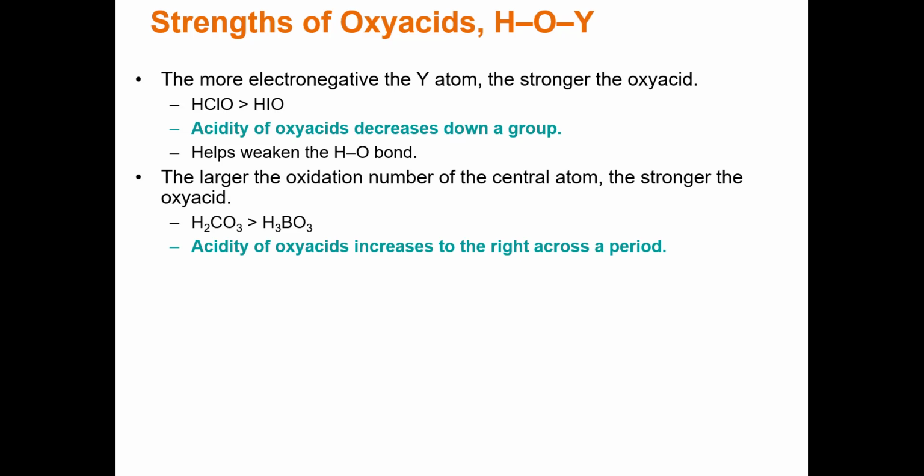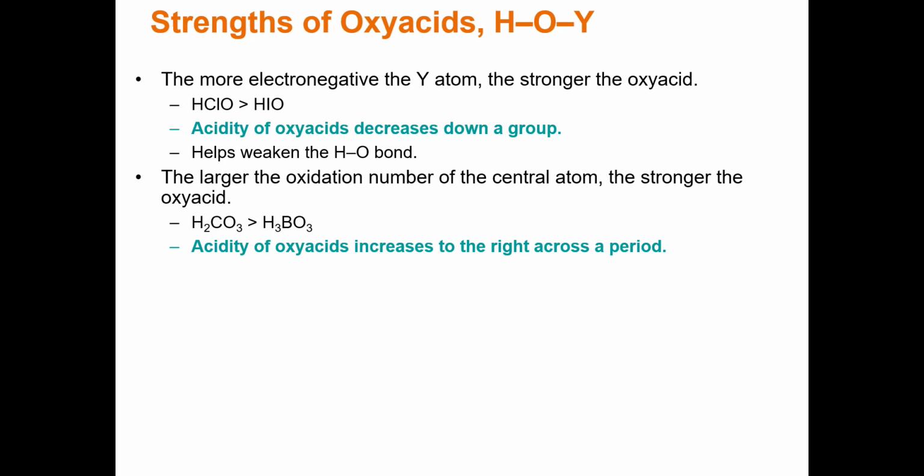We didn't actually see this one in either of those tables, but it's a similar trend. The higher the oxidation number on the central atom, the stronger the oxyacid will be. So if we look on the periodic table, if we're looking at whatever that Y atom is, and in this case, when we say central atom, we're imagining something where the Y is connected to other oxygens.